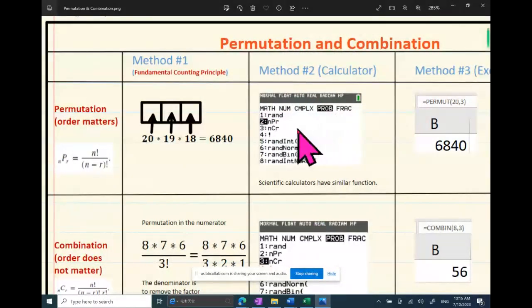This is a screenshot of the calculator. You enter 5 first, and then you go to math, and then go to probability, and then choose nPr, and then you enter the second number, the smaller number, and then you will have the answer given. Yeah, please try that.